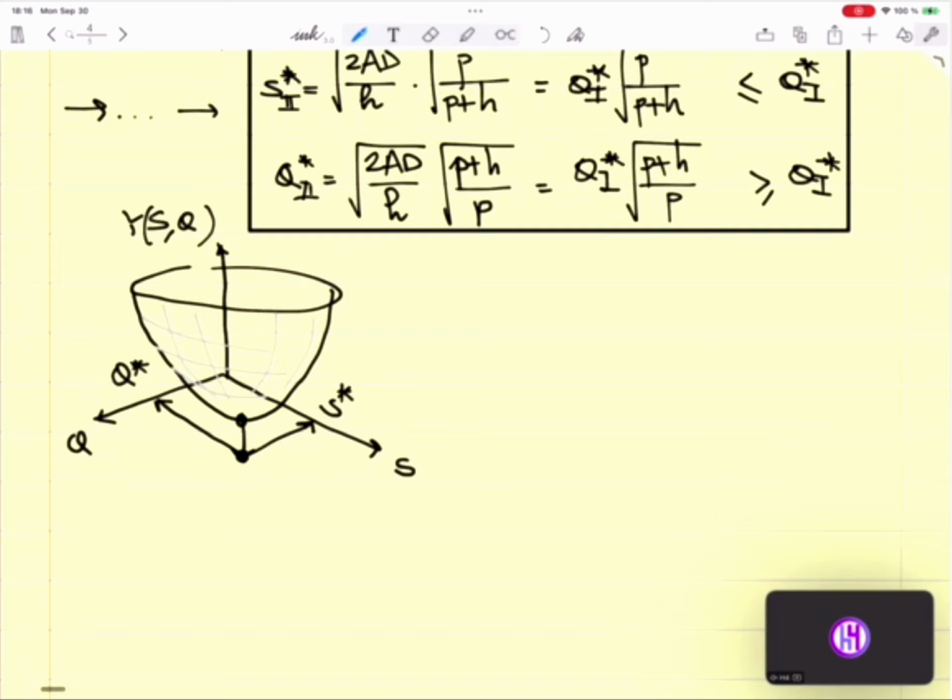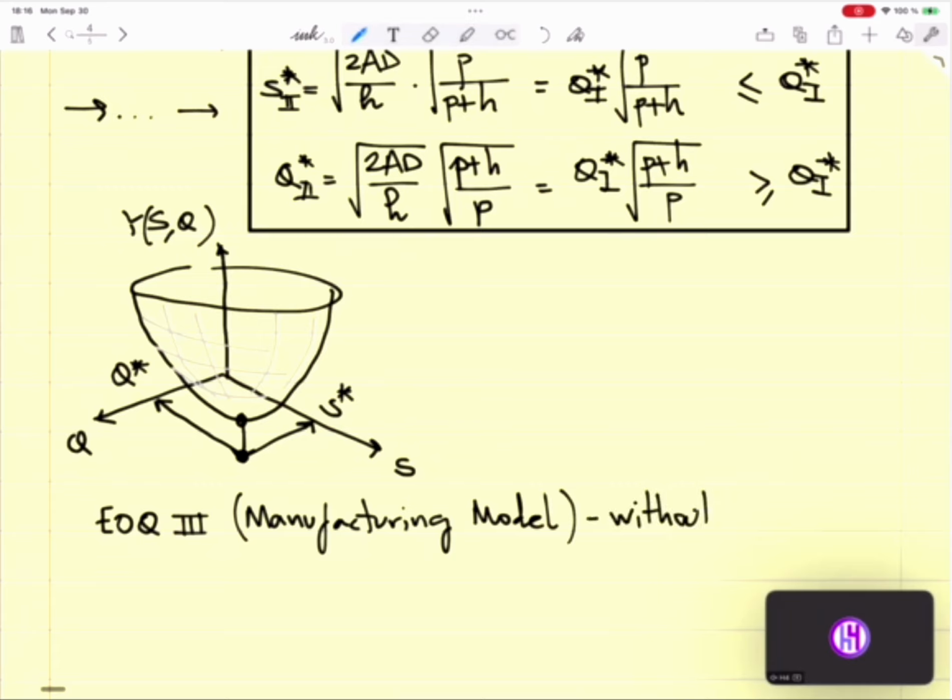Good. The third economic order quantity model is the most difficult. So this was intermediate. This is called the manufacturing model. Okay? Without backlog. We can make it more difficult with backlog, but we do it without backlog because otherwise it's just too much.